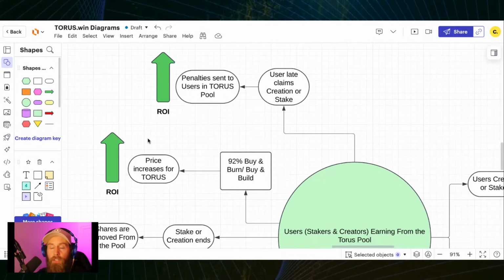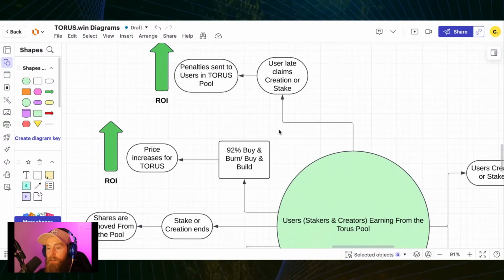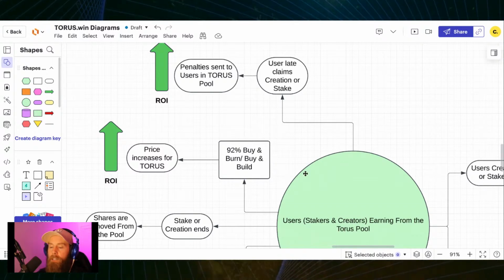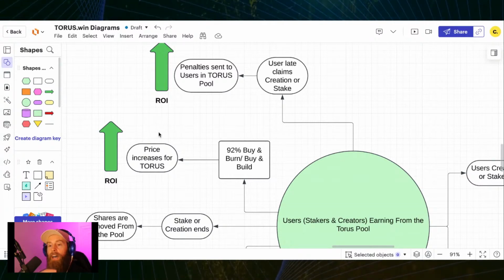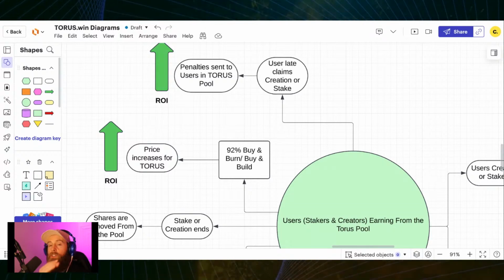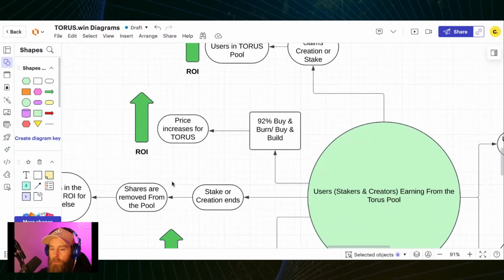So ROI would increase over that period. The buy and burn, and build, 92% of economic energy going back into TORUS is super bullish. And that's going to make it so that the ROI and the ratio between Titan-X and TORUS is always increasing. We're always trying to increase, right?